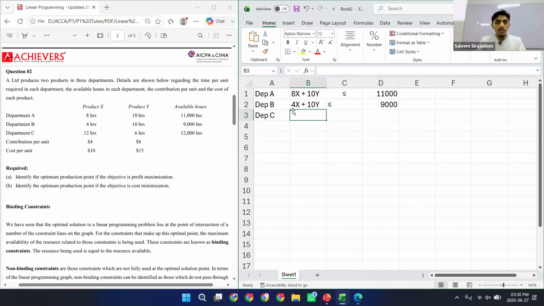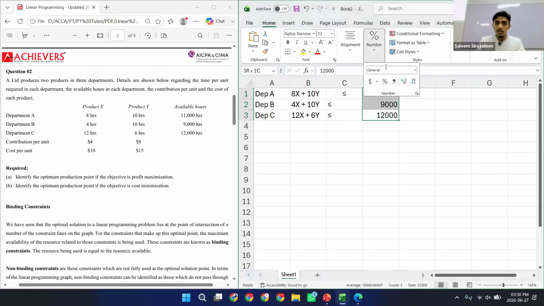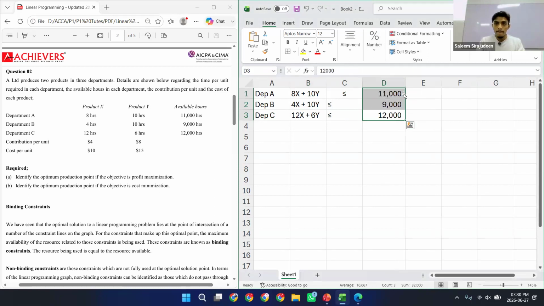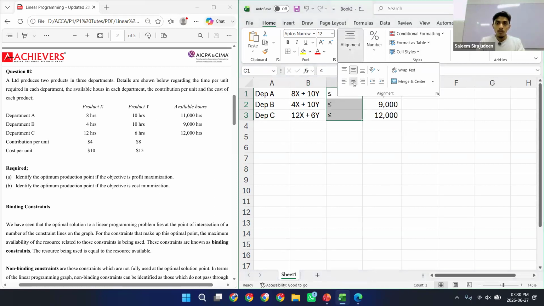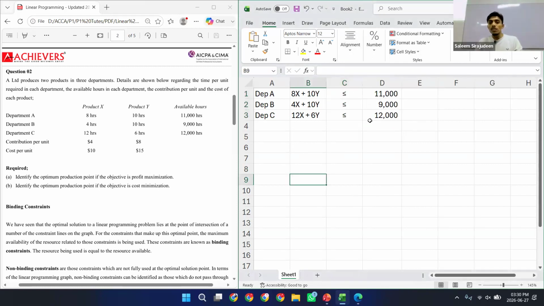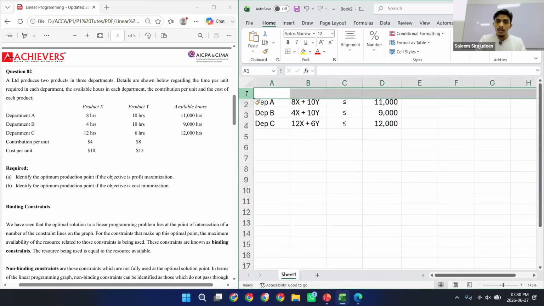Correct? Right. Department C: 12x plus 6y is equal or less than 12,000. Correct? Yes. Right. So these are the constraint formulas, correct?